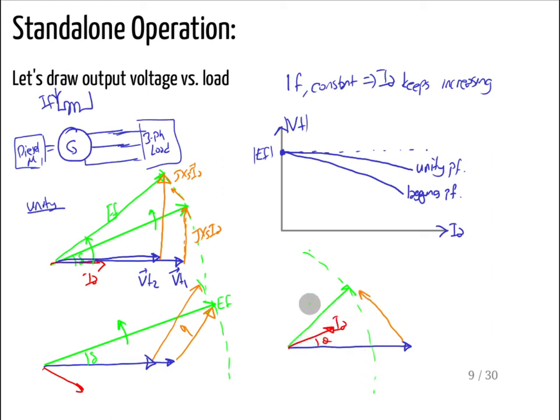So if you increase the load, the load angle gets larger, and if that one gets larger, let me redraw again, and make it more accurate. Let me draw the VT larger.